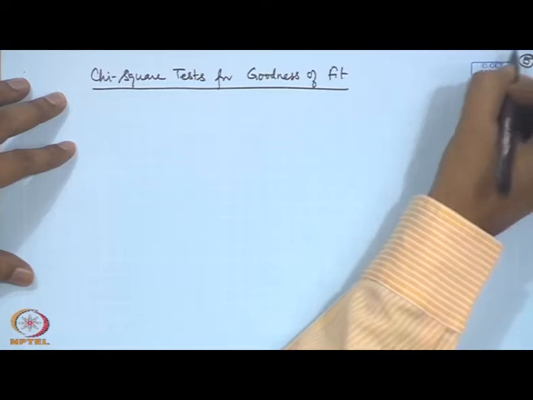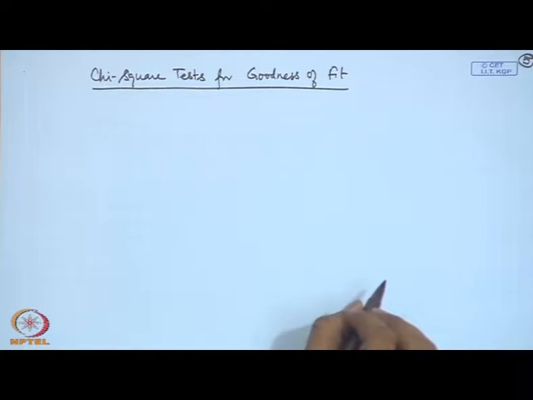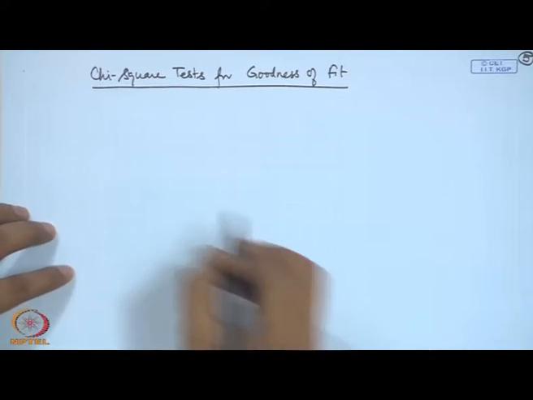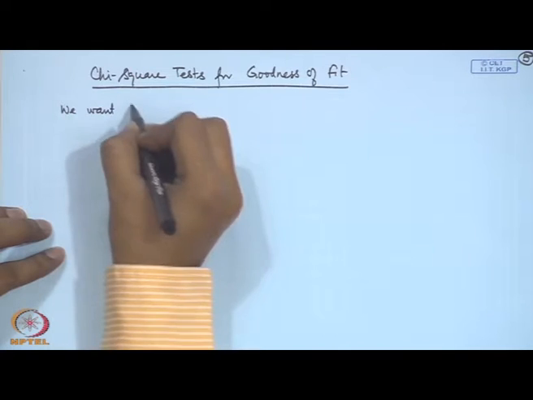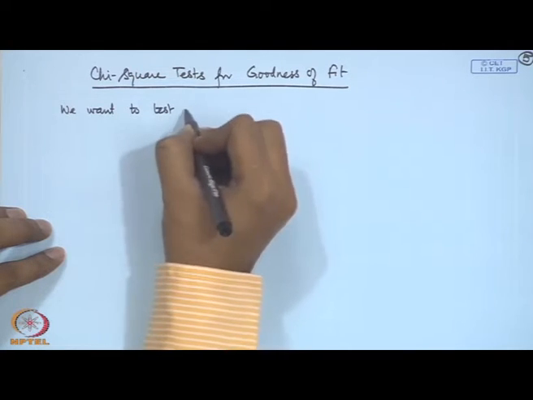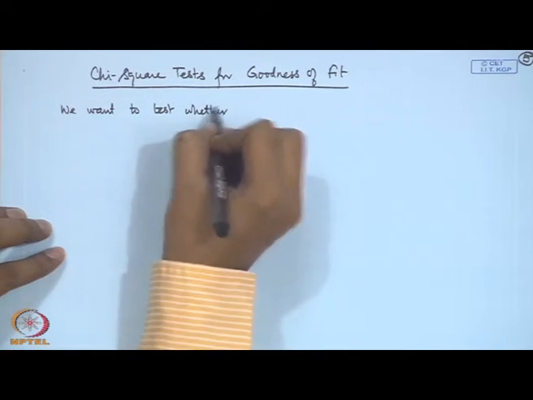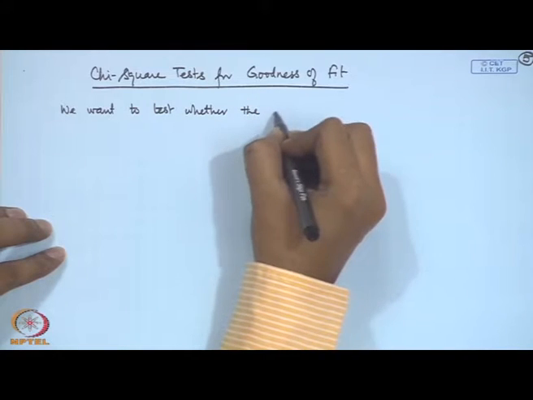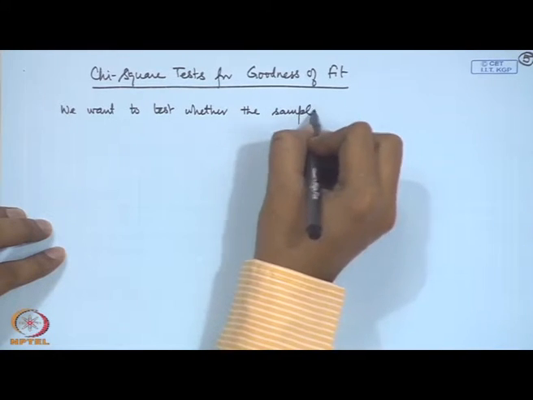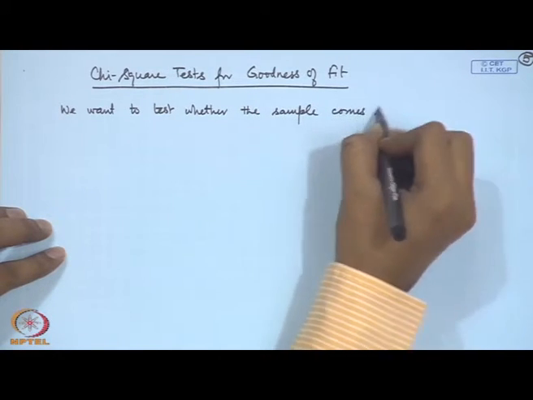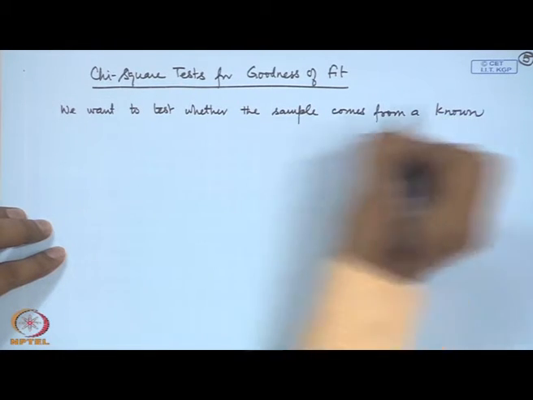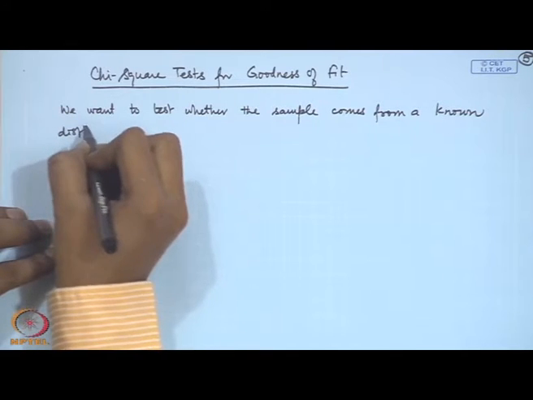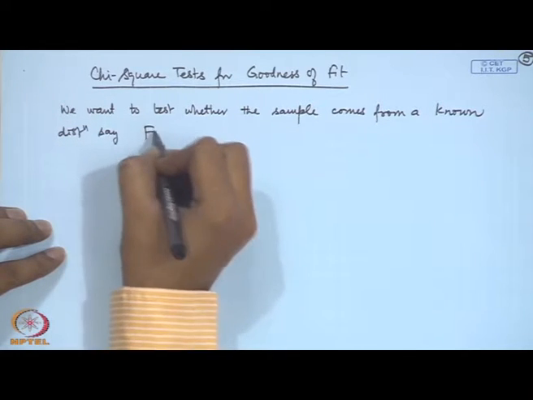Let me introduce the problem first. So, we want to test whether the sample comes from a known distribution, say f naught x.